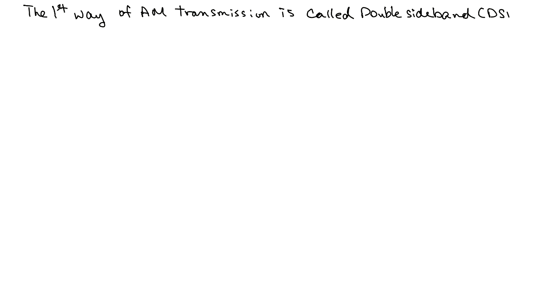The reason for this name will be clear when we finish today's discussion. As I said in the beginning, we will talk about three ways of doing AM transmission. Now here is the second way.